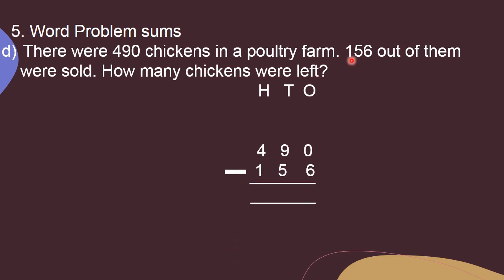Okay, so let's start from our ones place. So here at ones place it is given 0 minus 6, but you know 0 is the smaller number than 6. We cannot subtract it directly, so here we have to take borrow. So this 0 will take borrow from tens place. So this number will become 0 plus 10, that is equal to 10.